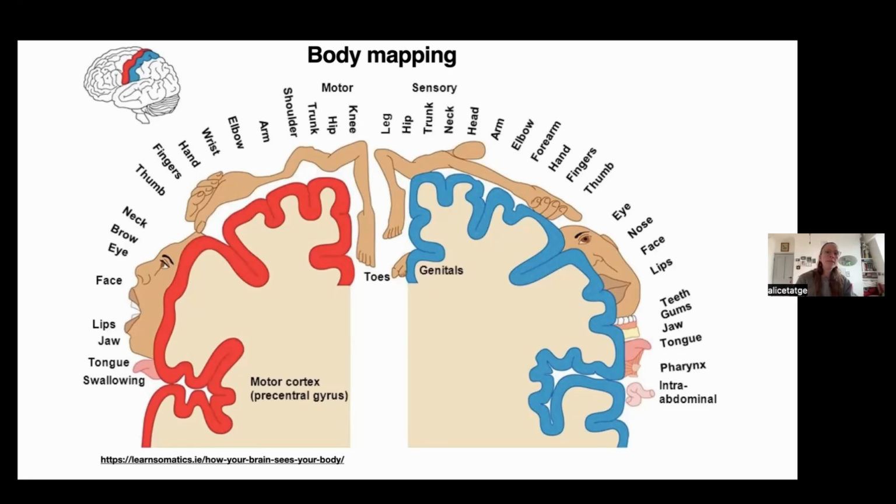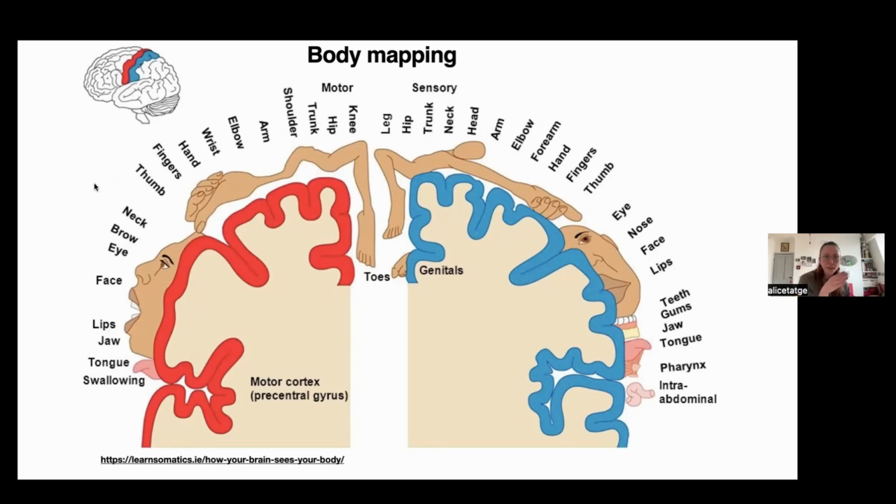I find it really interesting how different people have different relationships to body mapping, and how prevalent, for instance, in this image is the face. That's because we pay a lot of attention to our face. And the largeness and smallness of different elements is kind of how our brain connects to these different body parts. And this is, of course, a section of the motor cortex.